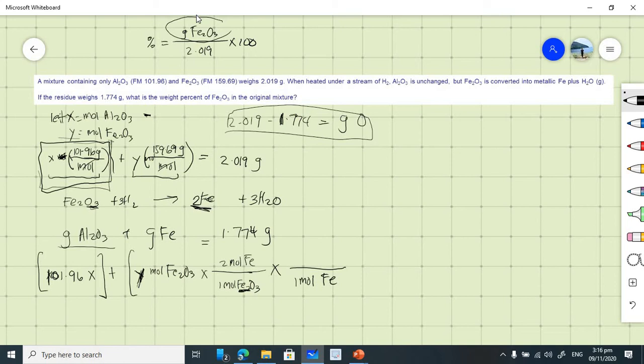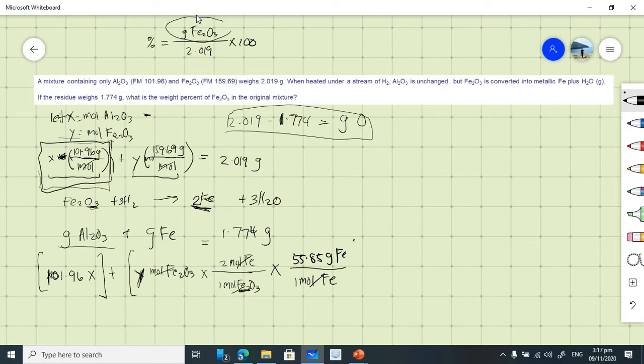That's 55.85. So that's 55.85 grams Fe. So the mole cancels.